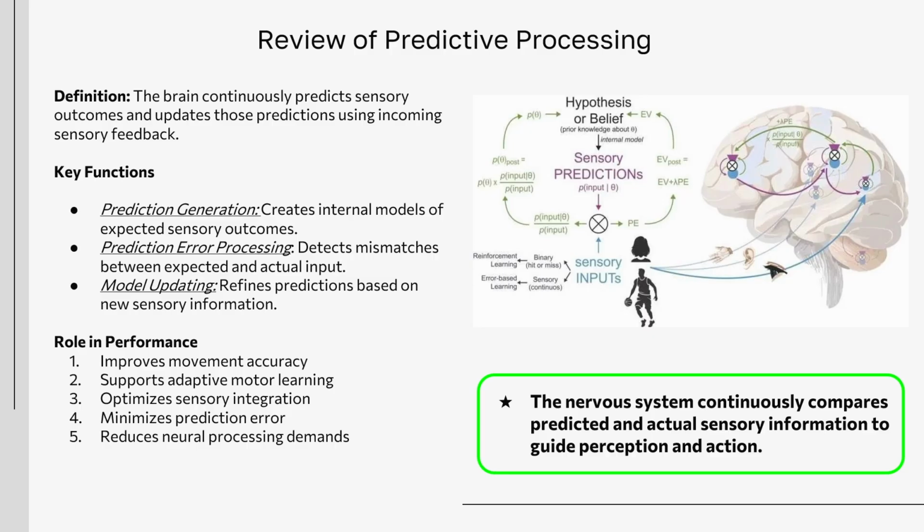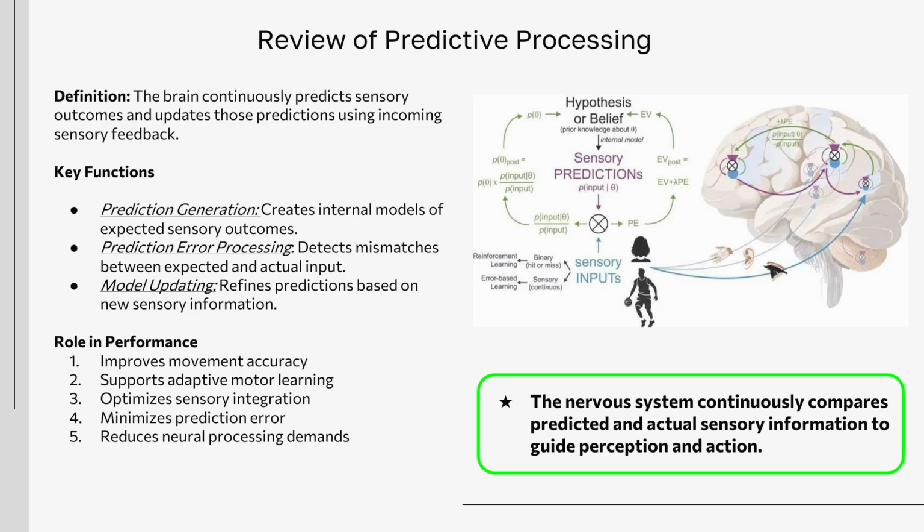Its role in performance is improving movement accuracy, supporting adaptive motor learning, optimizing sensory integration, minimizing prediction error, and reducing neural process demands.